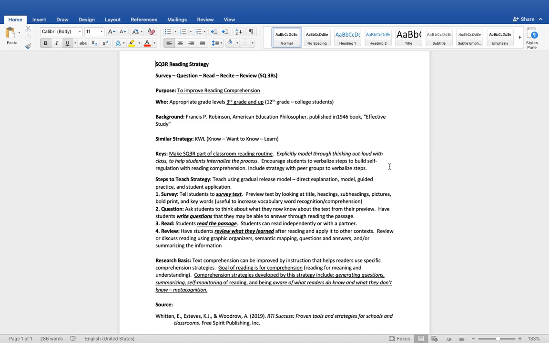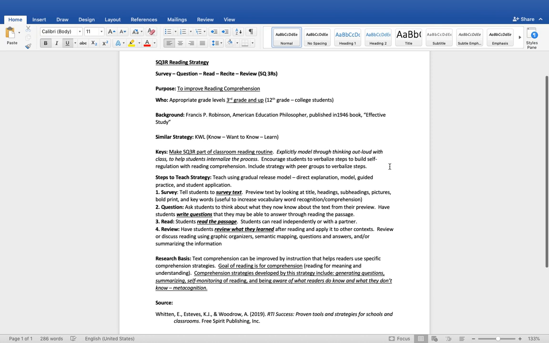Model it as a teacher using think-alouds, also supplying supplemental resources. For example, the questions or the steps can be in a graphic organizer or semantic mapping that can help students follow these strategies. And ultimately, this will help students begin to own the process, build their self-regulation for reading comprehension, and they should be able to do this independently.